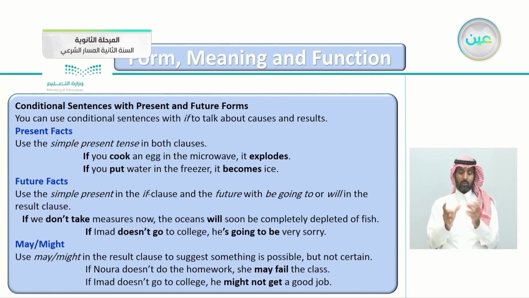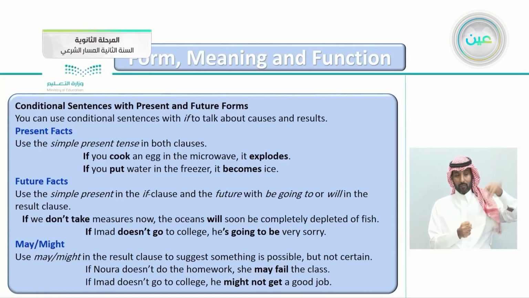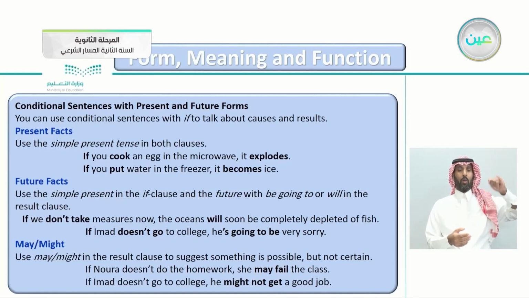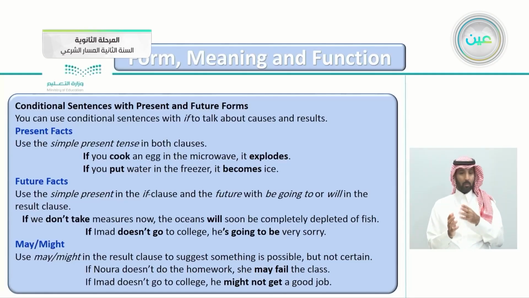What about if we talk about future facts? We use the simple present in the if clause and the future, be going to or will, in the result clause. Again, if we're talking about what will happen in the future, we use the simple present in the if clause, and the future with be going to or will in the result clause. Let's look at some examples here. If we don't take measures now, so this is the if clause, we use the simple present.